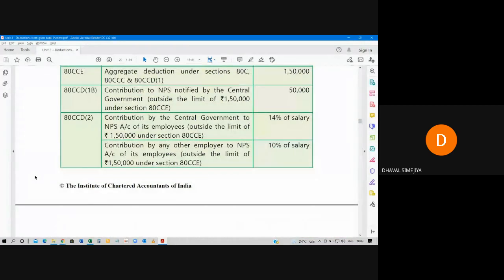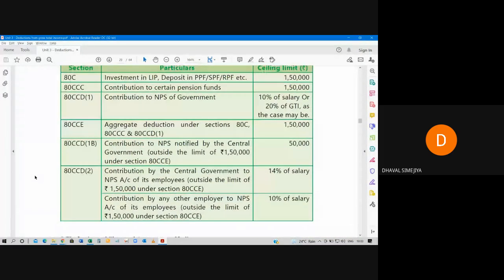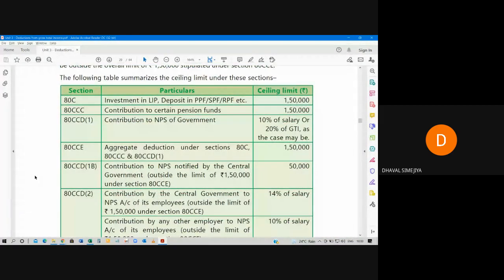Yes, what is the difference between 80CCD subsection 1 and 80CCD subsection 2? This is the employee's contribution. If I am an employee, then it is my contribution. And this is the employer's contribution, meaning the one for whom I am working.